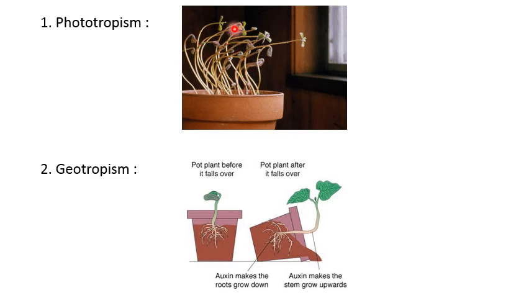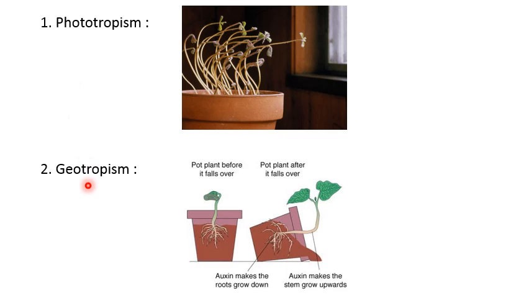So shaded area has more auxin and the lighted area has less auxin. So because shaded area has more auxin, there is more growth, and lighted area has less auxin, so there is less growth, and we see this kind of bending.